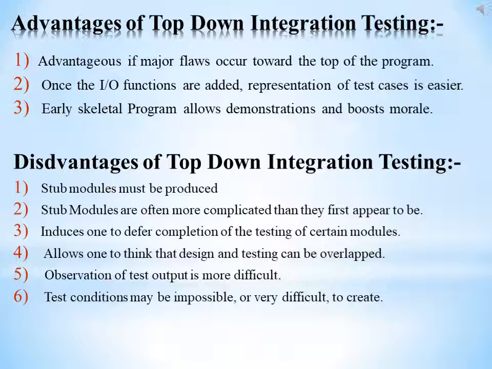The second is that once the input-output functions are added, representation of test cases is easier. When testing top-down, you have to add the input-output functions, and then representing the test cases is easier than without input-output functions. Third, early skeletal programs allow demonstration and boost morale.